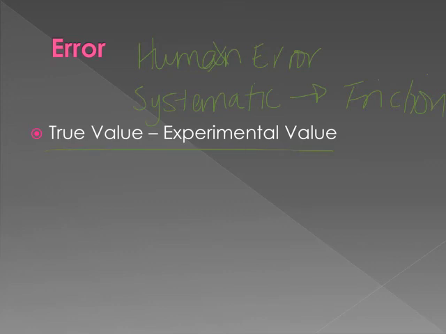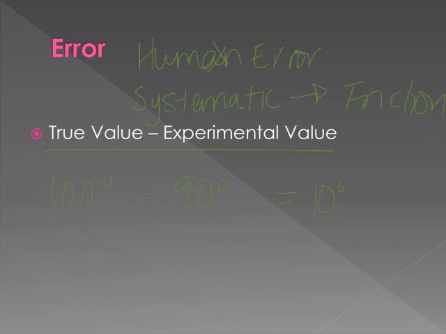So basic error is whatever your true value is minus your experimental value. So say the boiling point. We know boiling point is 100 degrees, and our experimental value is 90 degrees. Our error is 10 degrees. So this part's easy.